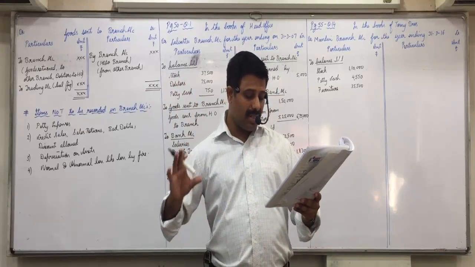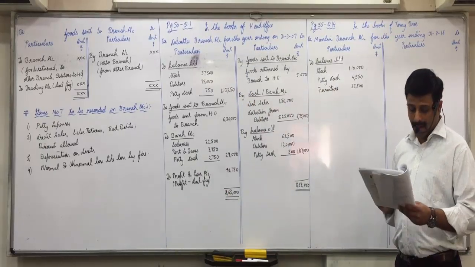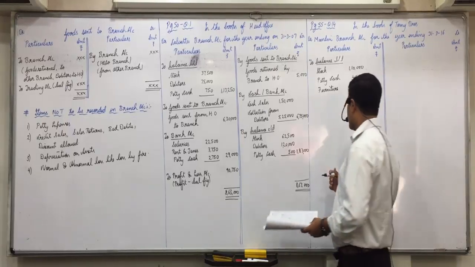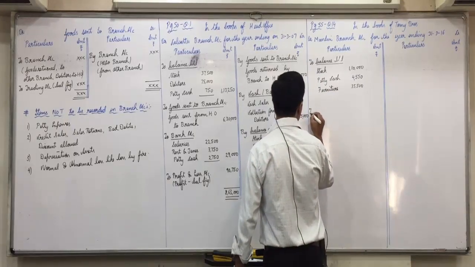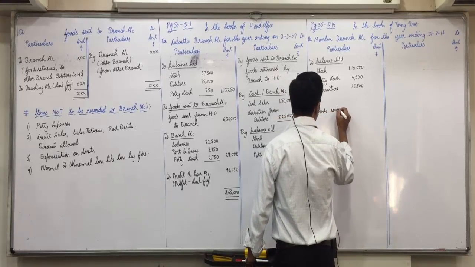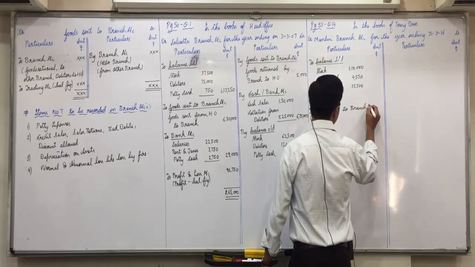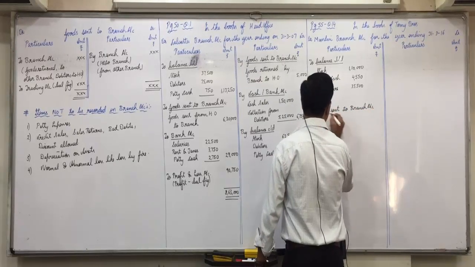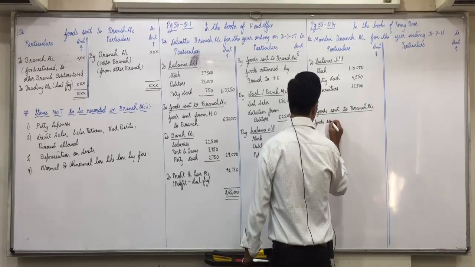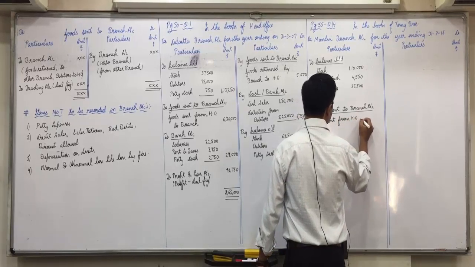So next, directly goods supplied by head office. Goods supplied by head office go to debit side. Head office is sending to branch. So leave 2 lines and give the heading goods sent to branch account. In that, goods sent from head office to branch.